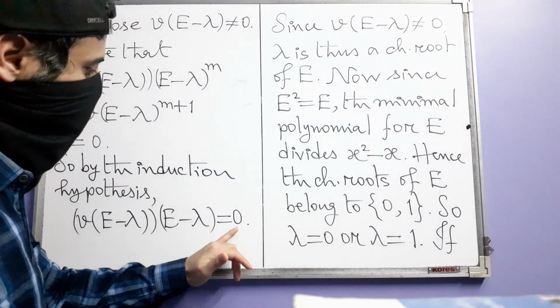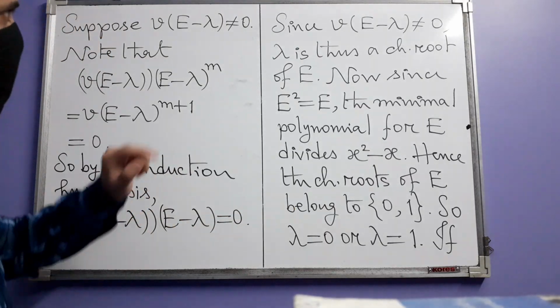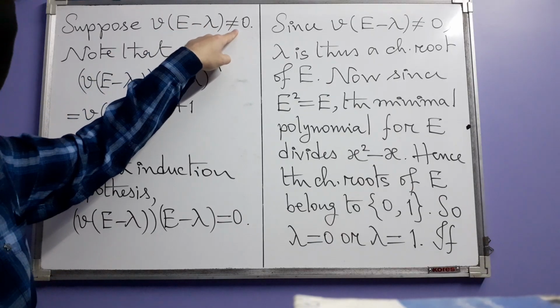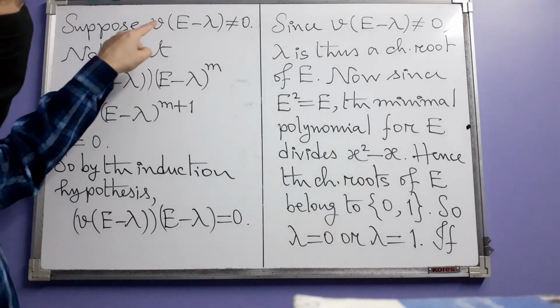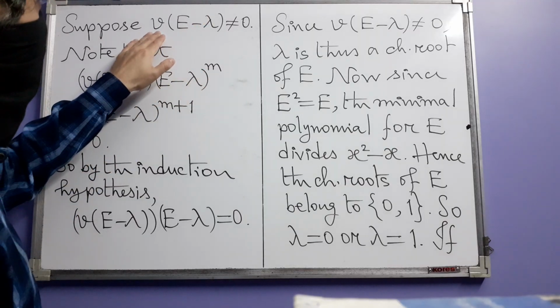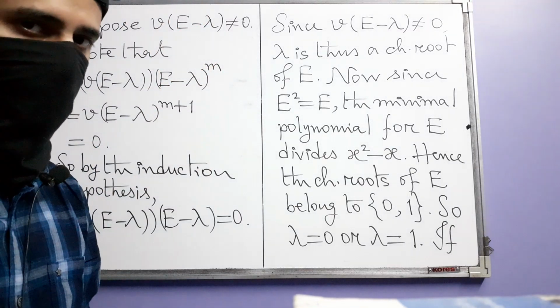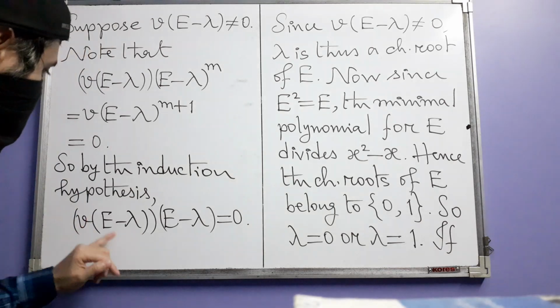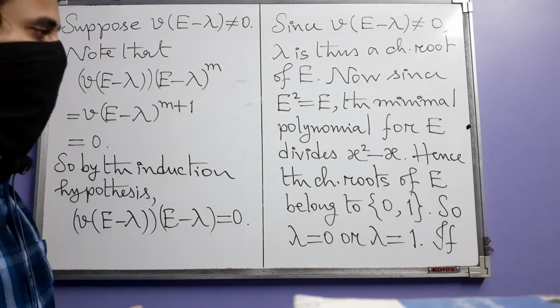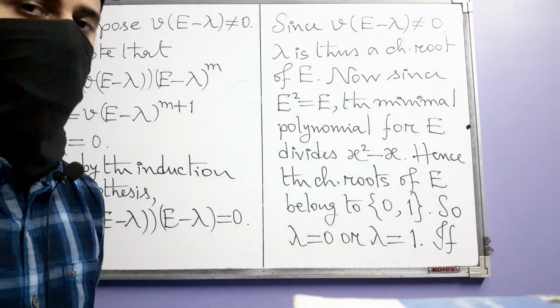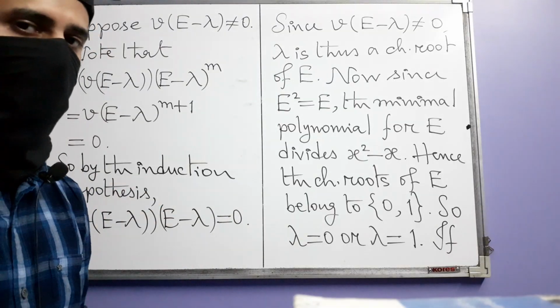V E square should be equal to 0. However, at the same time, from this inequality, I can call it inequality because it's not an equation, we also get the fact that V E is not equal to 0. V E square is 0, but V E is non-zero. This cannot be true because E square is just E. So, there you get a contradiction.